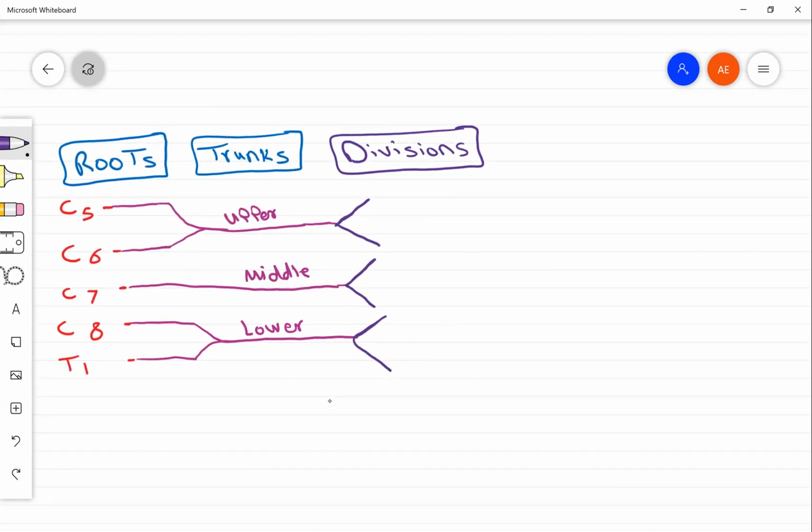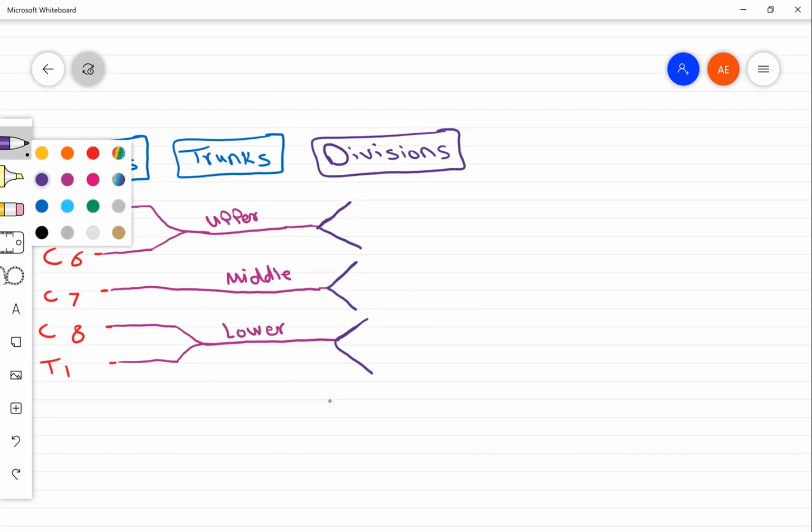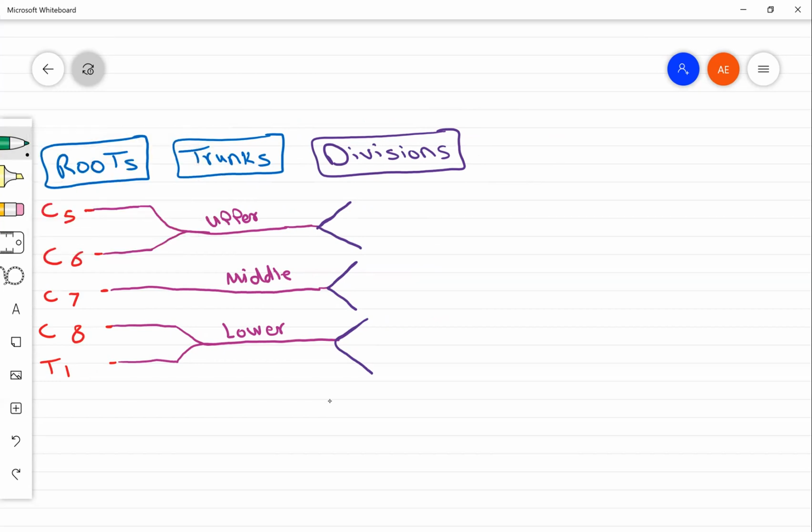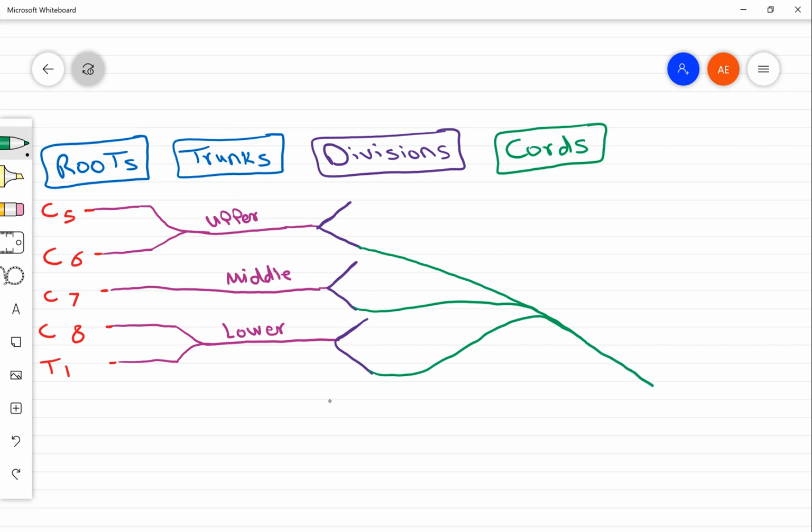After that, we will have chords. What are the chords? The posterior division of each trunk will unite together, forming what is called posterior chord.